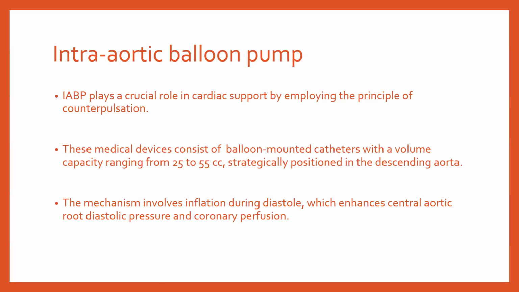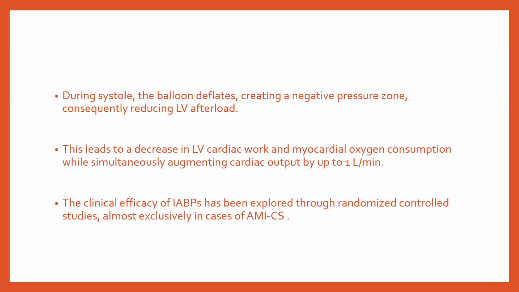The IABP plays a crucial role in cardiac support by employing the principle of counterpulsation. These medical devices consist of a balloon-mounted catheter with a volume capacity ranging from 25 to 55 cc, strategically positioned in the descending aorta. The mechanism involves inflation during diastole, which enhances central aortic root diastolic pressure and coronary perfusion.